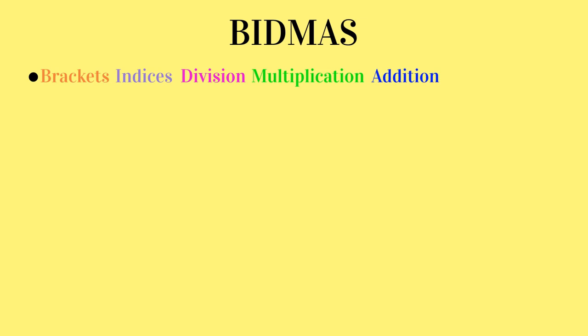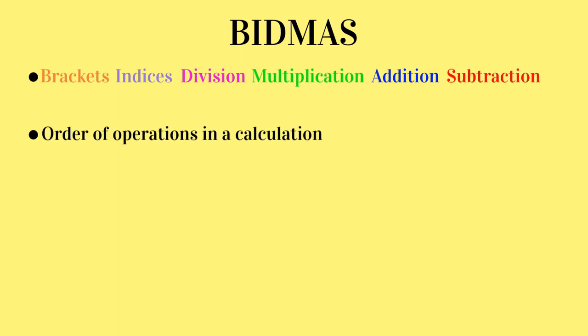Here is a summary of what we have learnt about BIDMAS. BIDMAS stands for brackets, indices, division, multiplication, addition, and subtraction. BIDMAS is the order in which you do operations in a calculation.